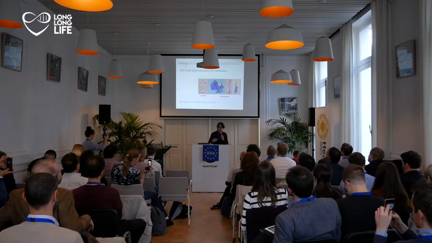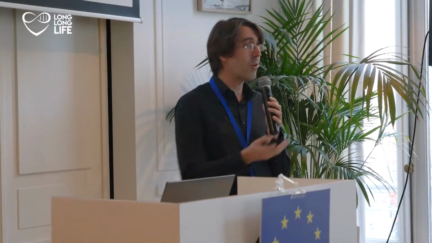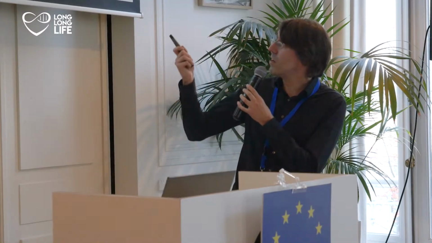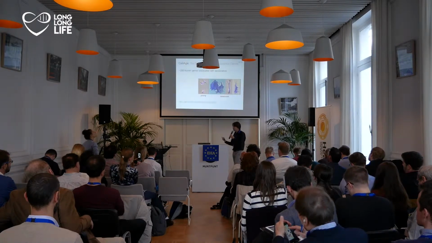Just as a side note, one of the latest databases that we've developed is a database of genes associated with cell senescence. We call it the CellAge database. Since we heard quite a few talks, including the previous speaker, Thomas, on cell senescence, I thought I would just mention this. We have a little over 250 genes associated with cell senescence.